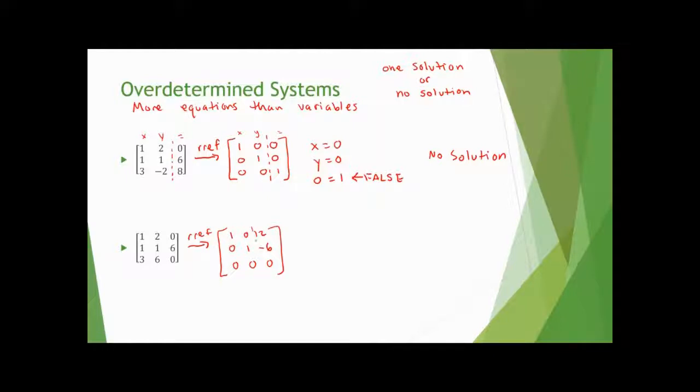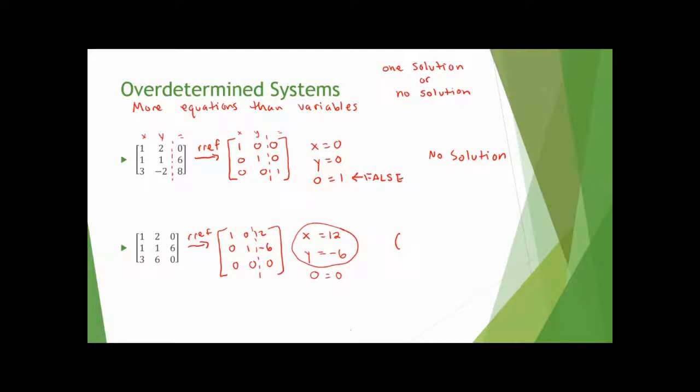Okay. So now I'm going to put my little thing so I know where the equal sign is. So this tells us x is equal to 12. y is equal to negative 6. And then we get 0 equals 0, which is true. So that doesn't matter. That's true, which means that we have a solution.